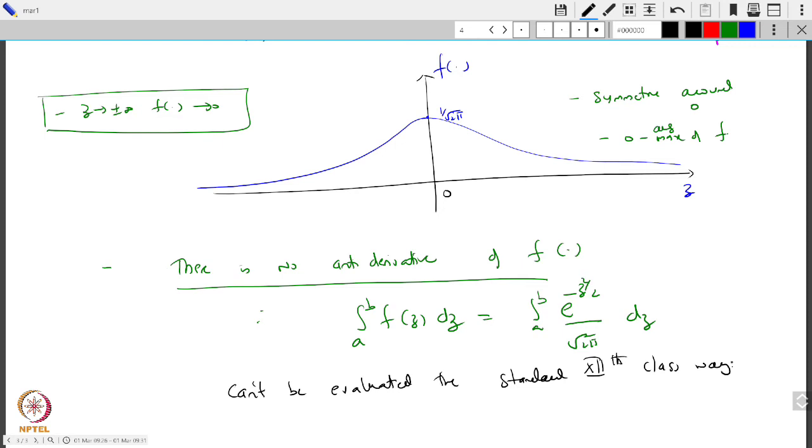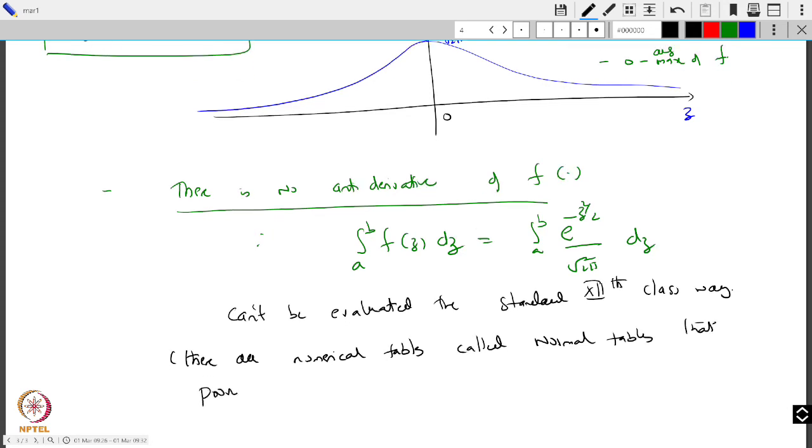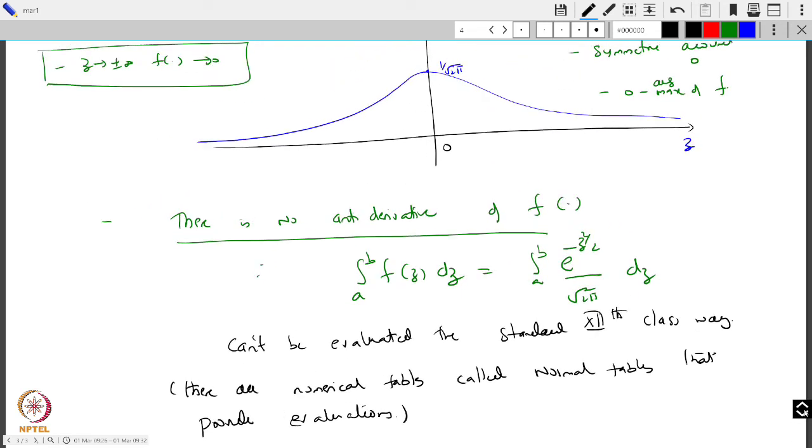What will happen is that there are numerical tables, called normal tables, that provide evaluations. So that's the second observation.